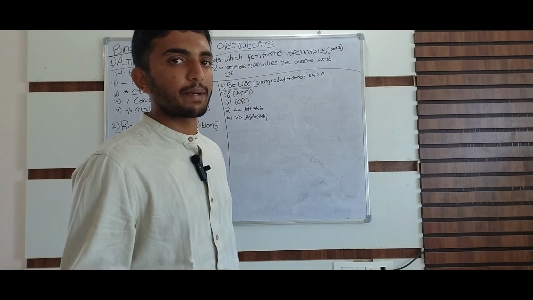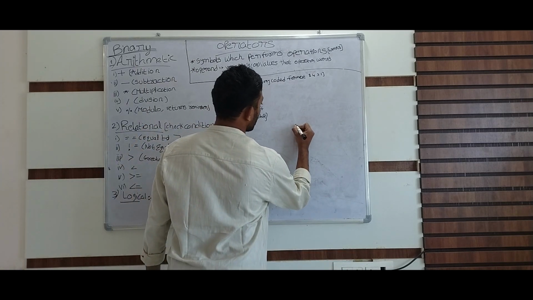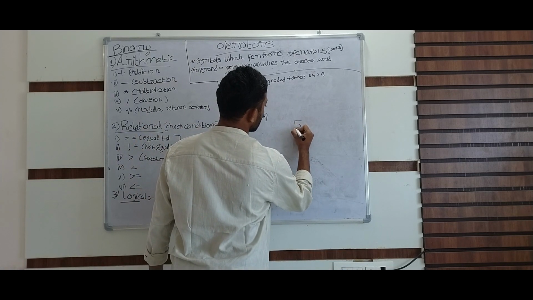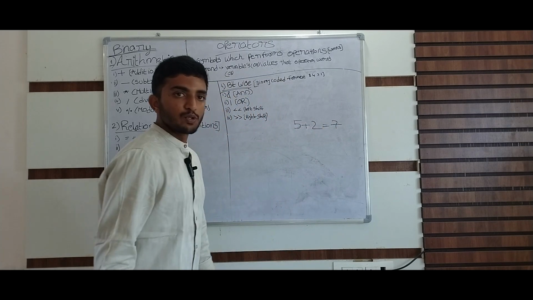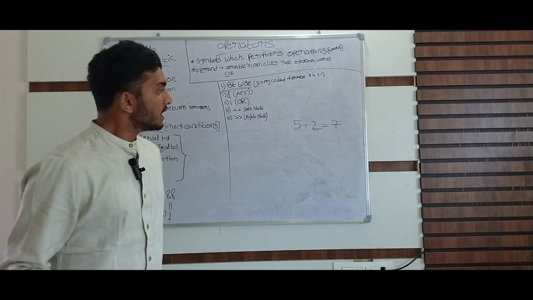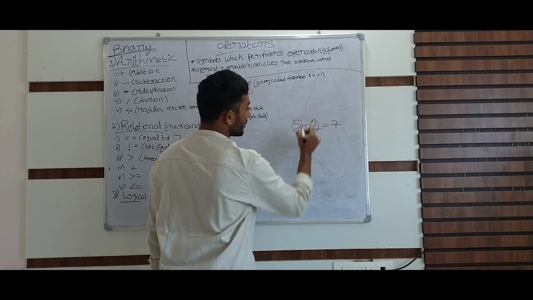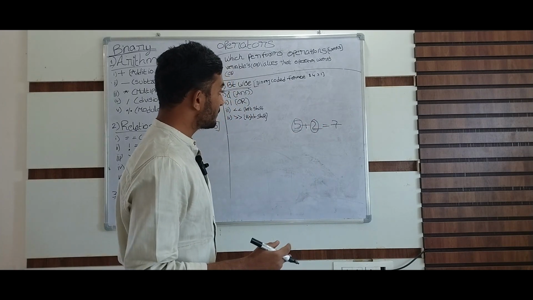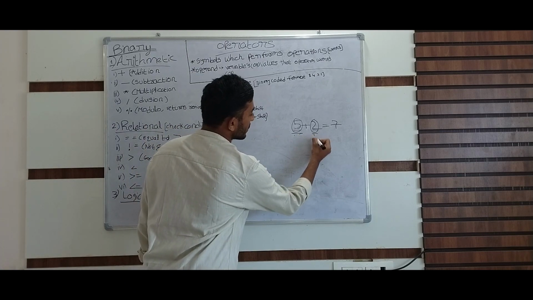What is meant by operands? Let's see with one example. Here I am taking 5 plus 2 is equal to 7. Here I am using two values, 5 and 2, to get the output of 7. That means 5 is one operand and 2 is one operand.